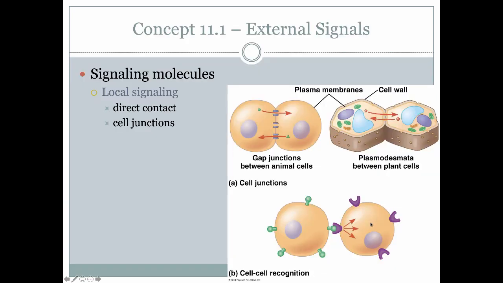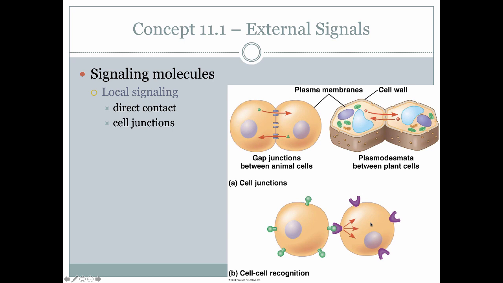Cells communicate by receiving signals, which are typically small molecules usually released by cells themselves. You'll have a signaling cell that releases a molecule, and a receiving cell that receives the signal.